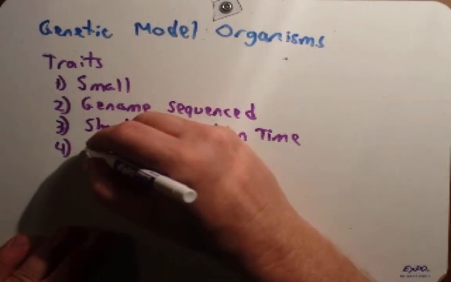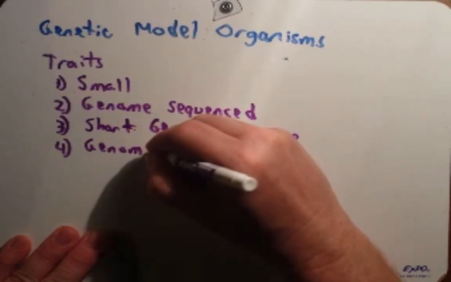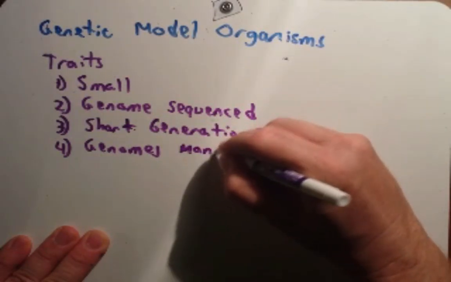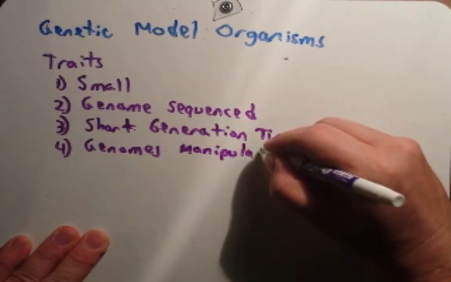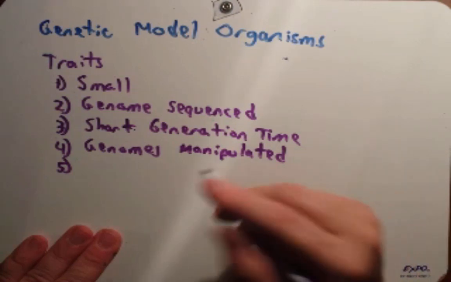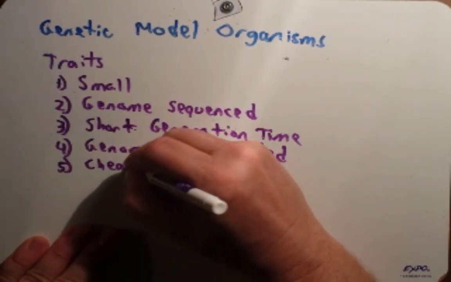These organisms can have their genomes somewhat easily manipulated. Because of their size and their simplicity, often model organisms are cheaper to work with.